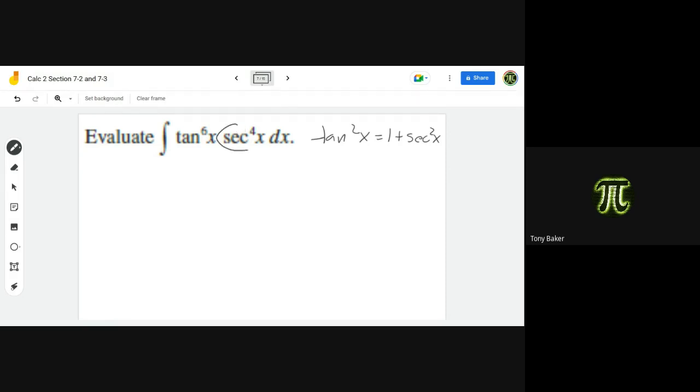So if I take this, I can split it. So if I make u tangent x, what's du? Tangent x is secant squared x.